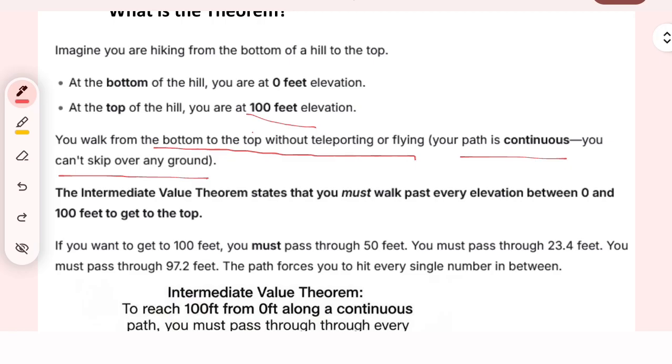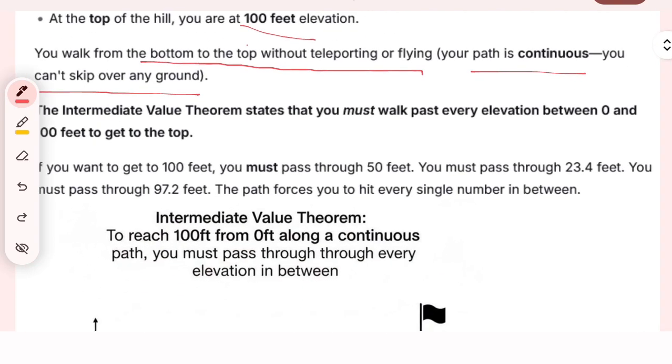which is 100 feet elevation. So the IVT states that you must walk past every elevation between 0 and 100 to get to the top. Common sense.